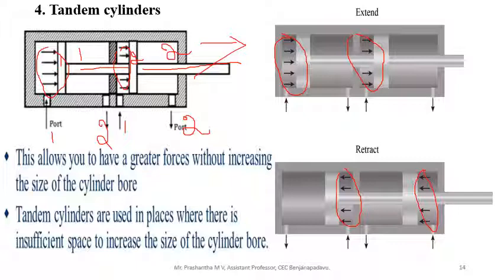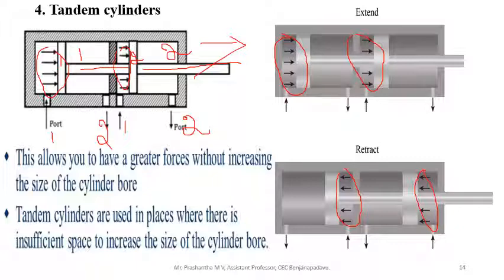So without increasing the diameter, two cylinders or more than one cylinder is attached in series. So here the force will be greater. By this way the tandem cylinders are utilized. See, these are the concepts that come under linear actuators.